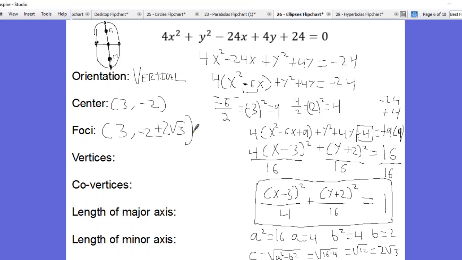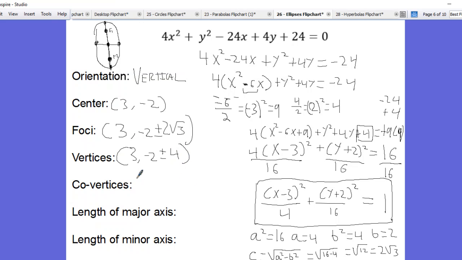All right. How about the vertices? So would it be 3, -2 plus or minus? What's a? A is 4. So plus or minus 4.